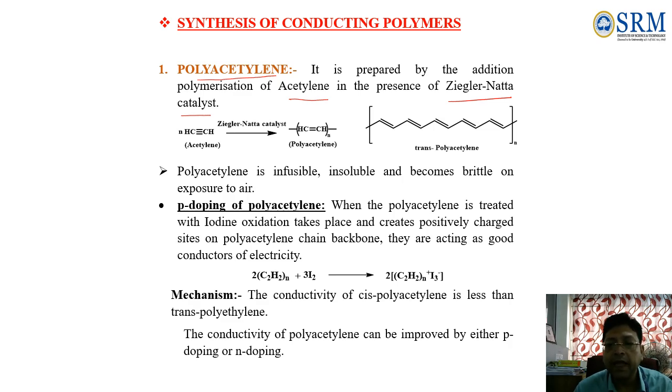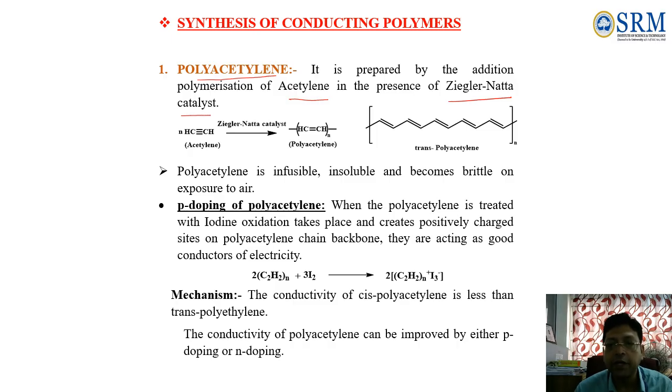Further, if we add p-dopants or n-dopants, the conductivity increases. So when the polyacetylene is treated with iodine, oxidation takes place. Iodine can take up the electron from the polyacetylene backbone chain, and therefore the oxidation takes place.